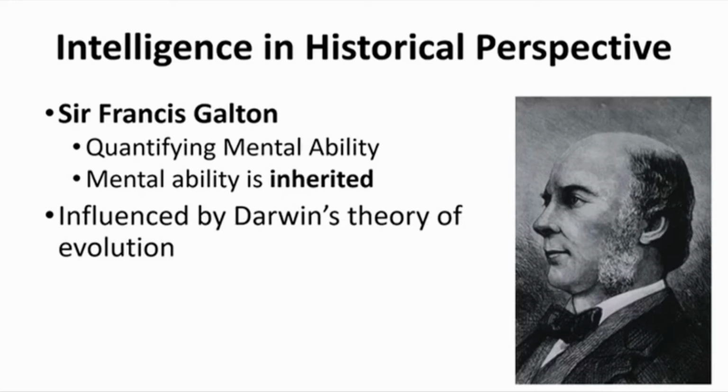But he dismissed that entirely and decided to spend a good chunk of his life trying to show this link between your social status, your success in life, and different measures of mental ability. Now, he called these measures a means of getting at the efficiency of the nervous system.